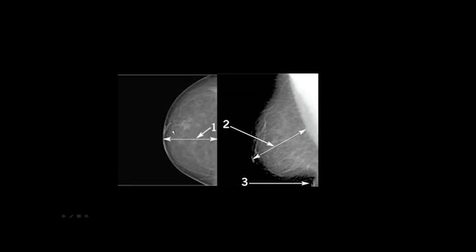Once again, here's another example. From the nipple all the way back to the image, say that's 9 centimeters. From the nipple all the way back to the muscle, say it's 11 centimeters. That would not pass. That means that you're missing posterior tissue on the CC view.